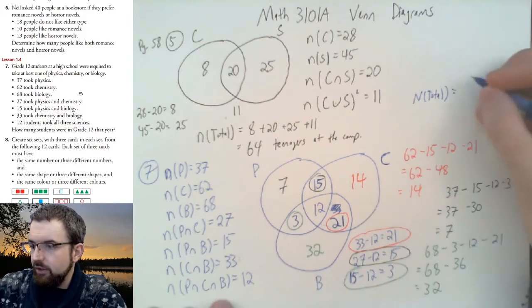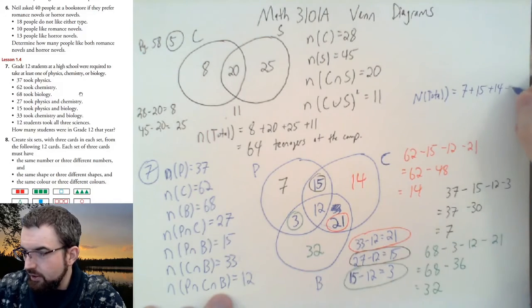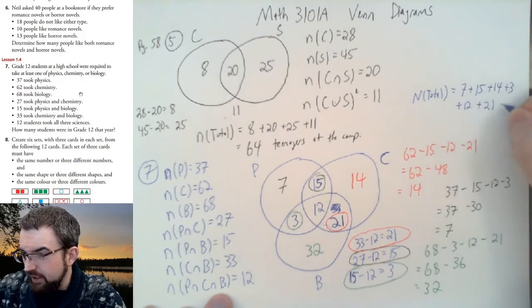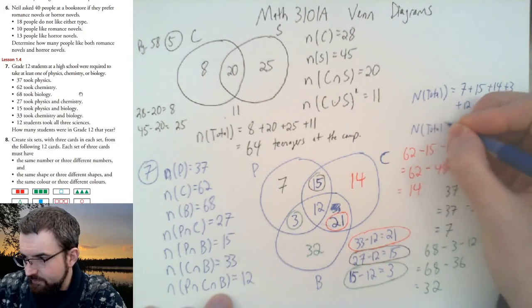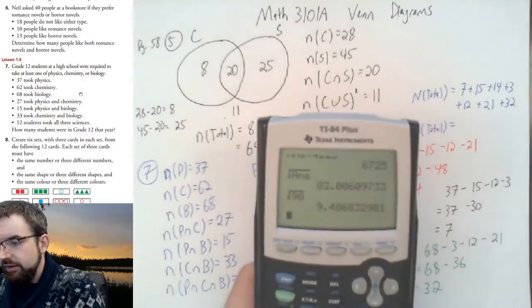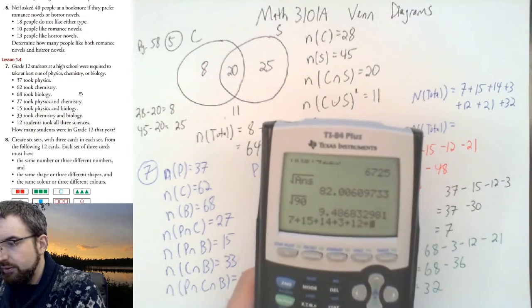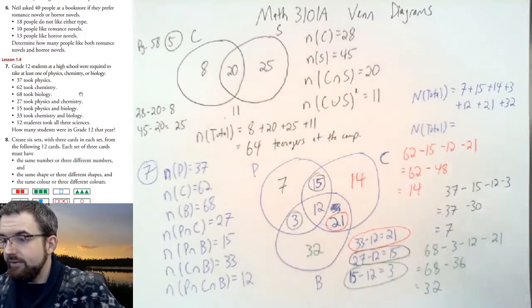So the total is going to be our 7 plus 15 plus 14 plus 3 plus 12 plus 21 and plus 32. So then n total is going to give us, see, 7 plus 15 plus 14 plus 3 is 12, plus 21 plus 32, 104.